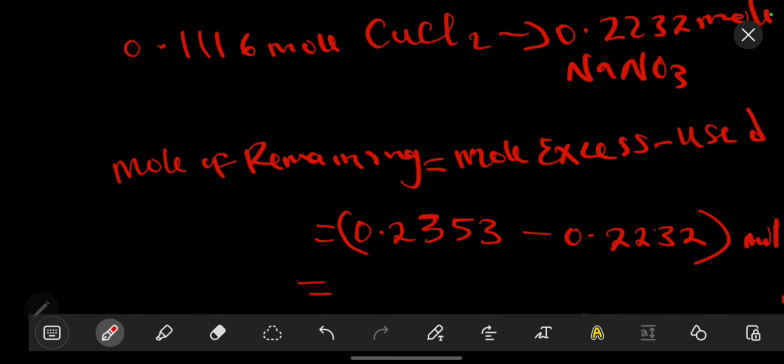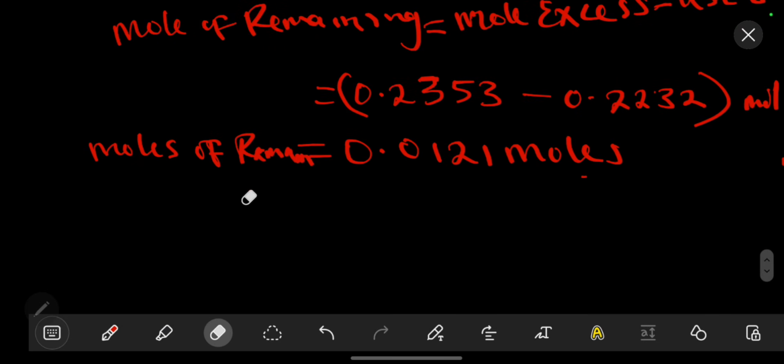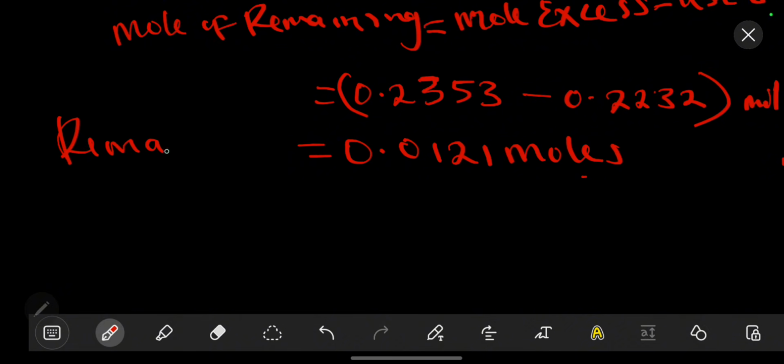When we subtract, this gives us a value equivalent to 0.0121 moles. So these are the moles of the remaining. Regardless of the situation, they are still the moles of the remaining, and it is still the same compound, which is our sodium nitrate.